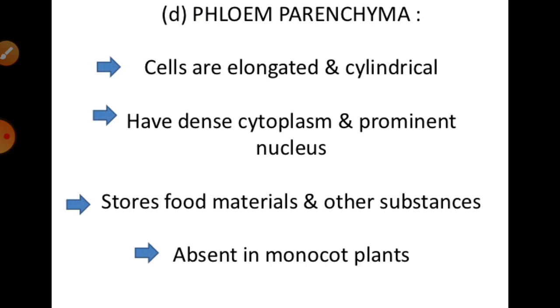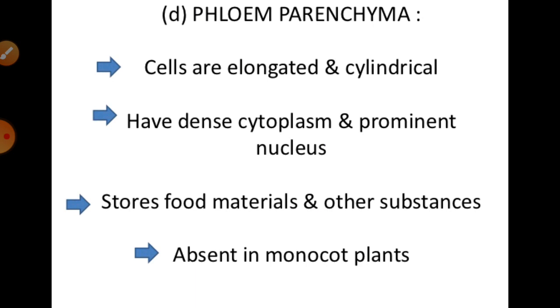And we can say the phloem parenchyma is absent in most of the monocotyledon plants. Means generally the parenchyma is absent in the monocotyledon plants. Even so, we can say the function of this phloem parenchyma, especially as it is parenchyma tissue, is generally to store substances, to store food materials.